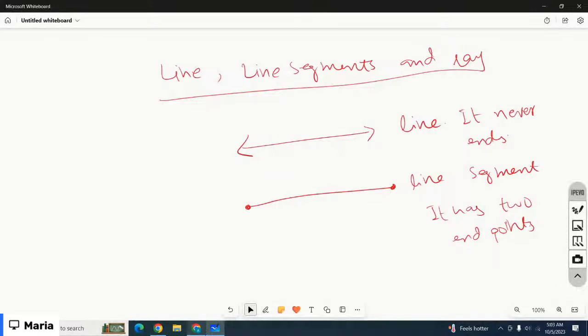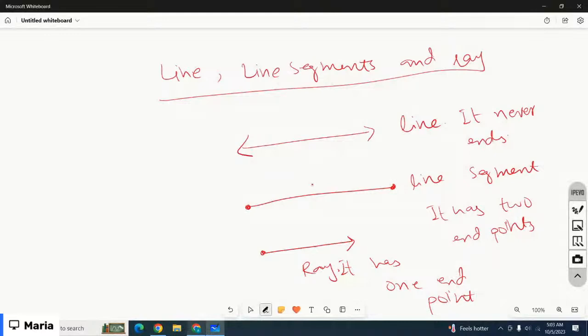Then we are left with ray. So what is a ray? This one is the ray, and it has one end point. Got it? So you have line segment and rays.